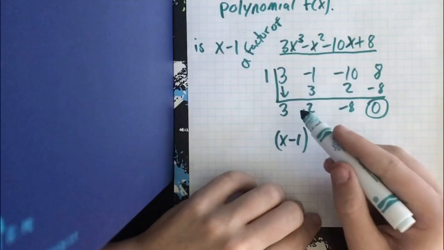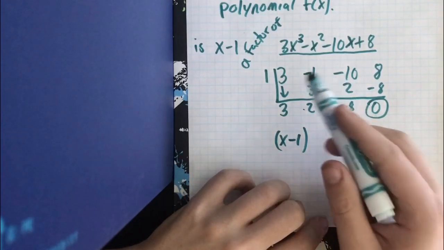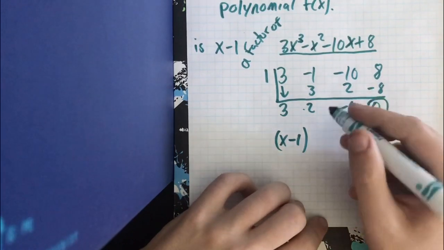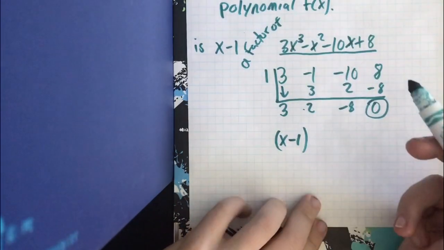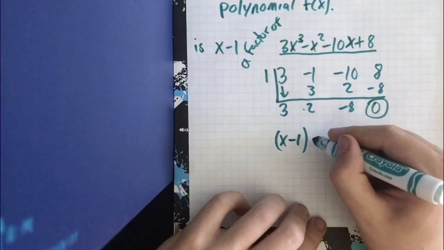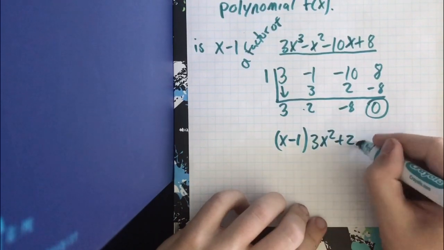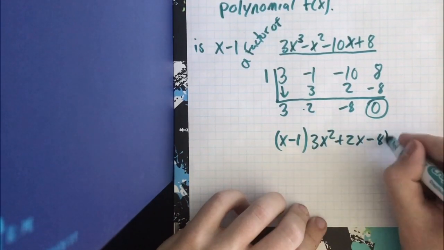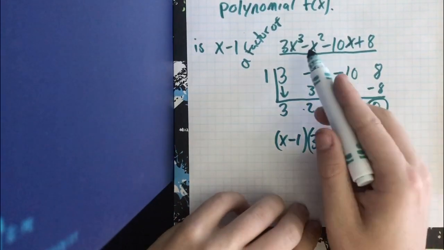And then we have the other part of our synthetic division here, which is the other factor. So we would have 3x squared plus 2x minus 8. And that is your factored version of this equation.